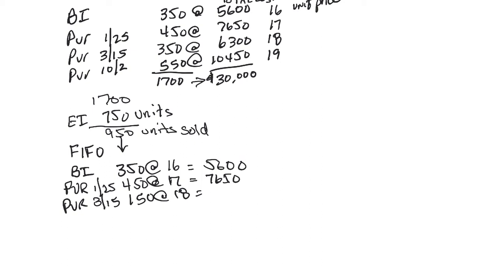And 150 times 18 is 2,700. So out of the $30,000, my total of what I sold was 15,950.